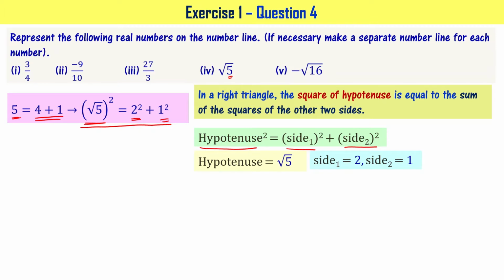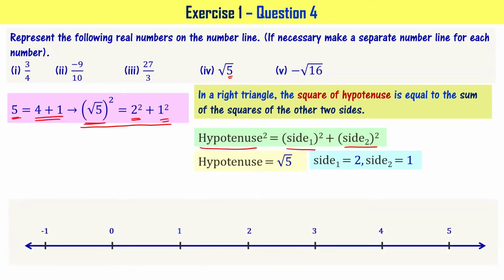Now let's make use of this and draw a right angle triangle on the number line. Let's consider the number line as shown here. Here we have 2 square, or one side is 2, right? For that reason, on your number line you have to have 0, 1, 2. These are required.